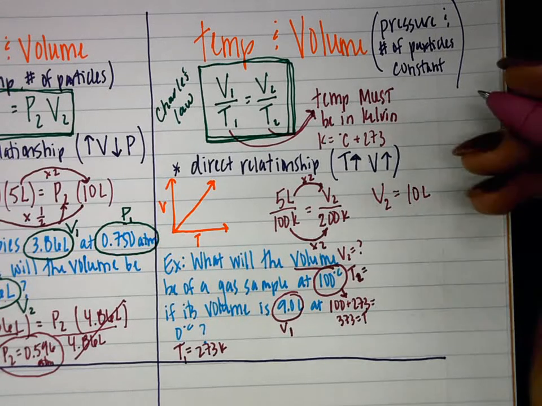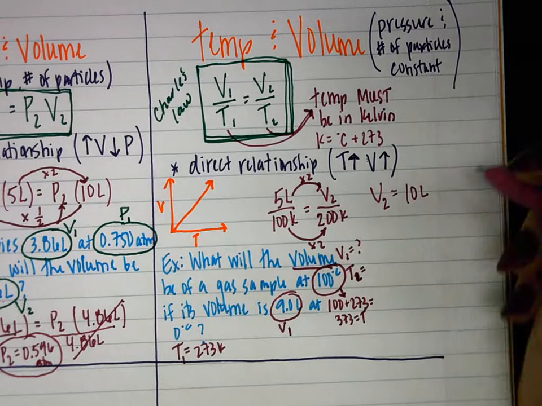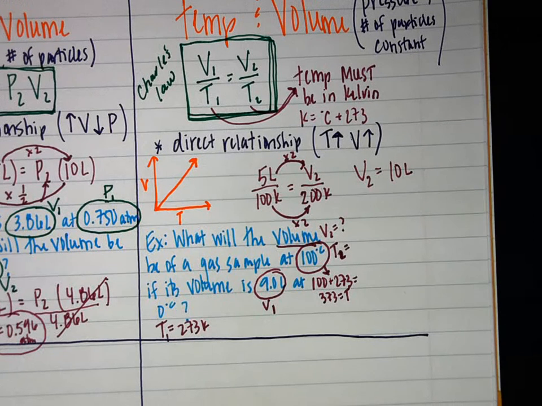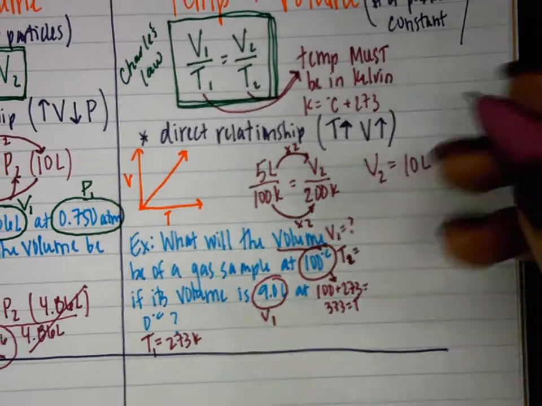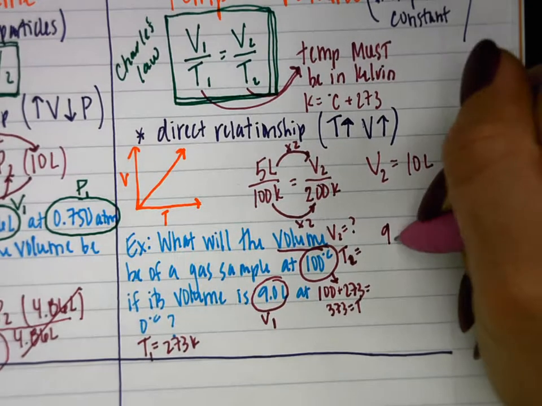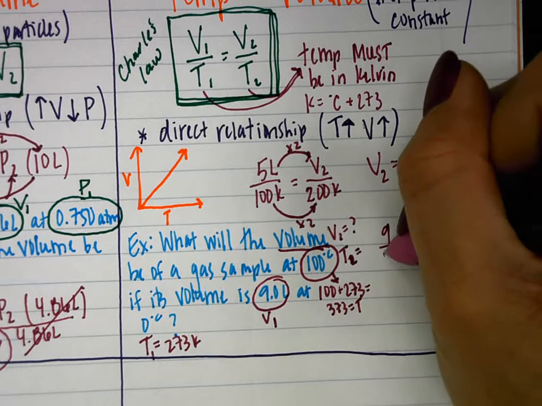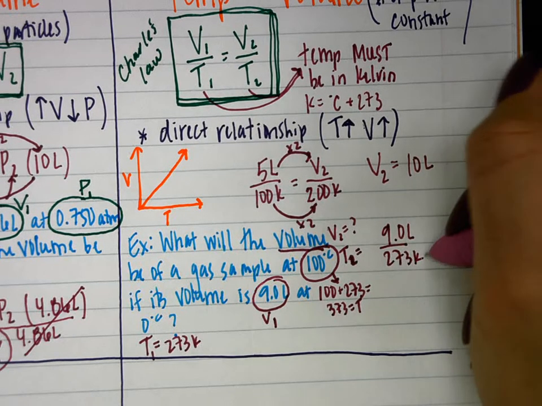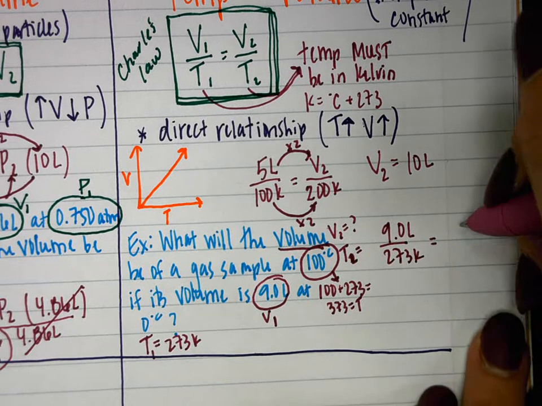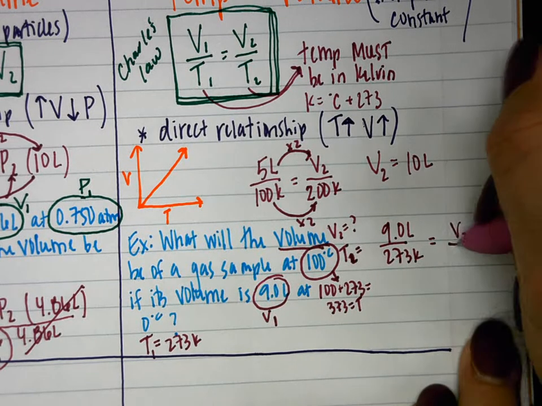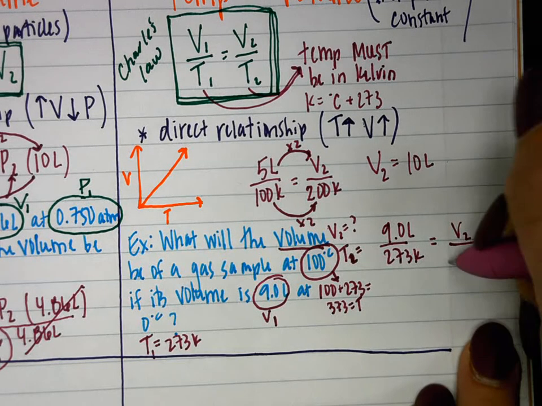So when we plug in, I can zoom in. We got 9 liters over 273 Kelvin equals, we don't know our second volume, over 373 Kelvin.